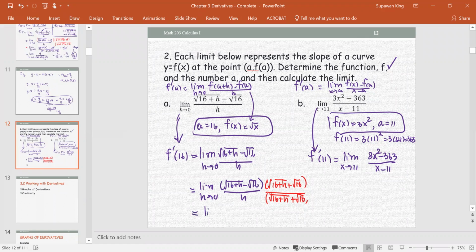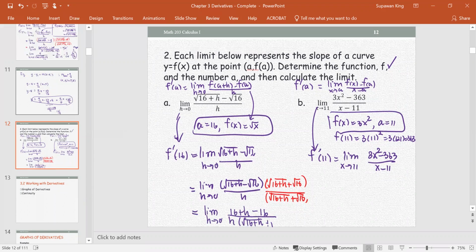The numerator becomes 16 plus h minus 16. The denominator is the product of h and square root of 16 plus h plus square root of 16.